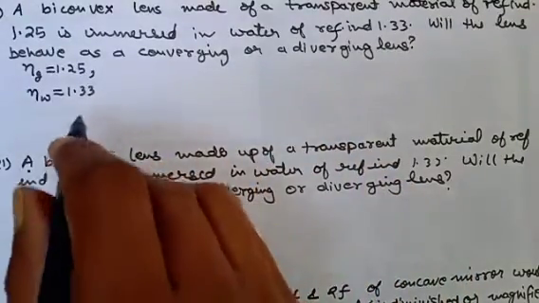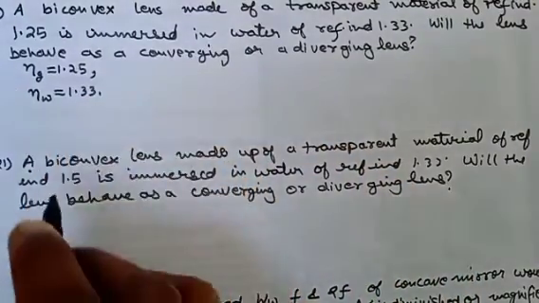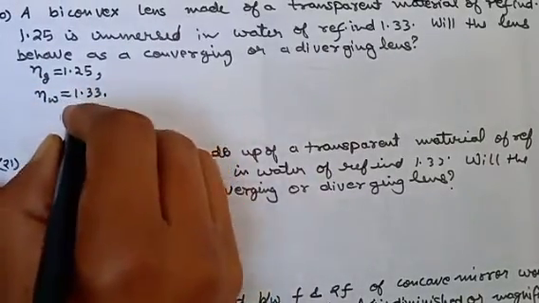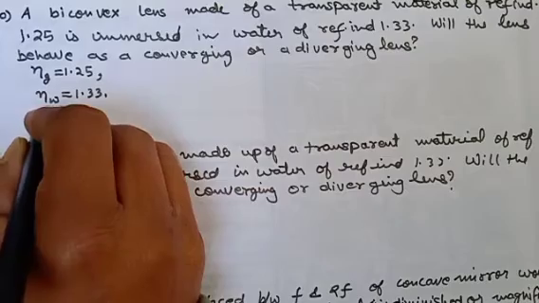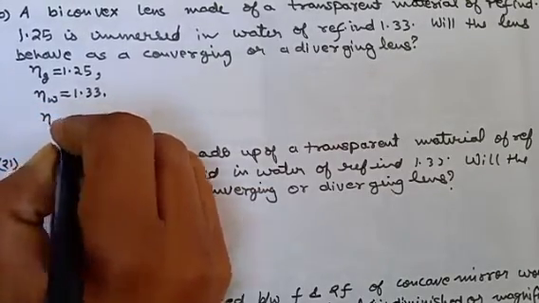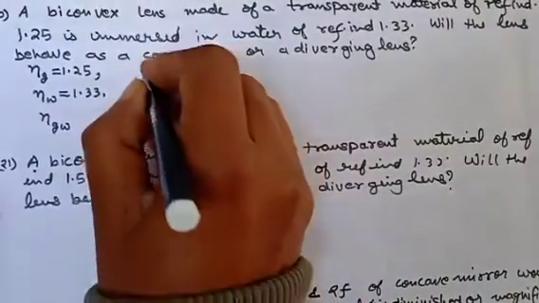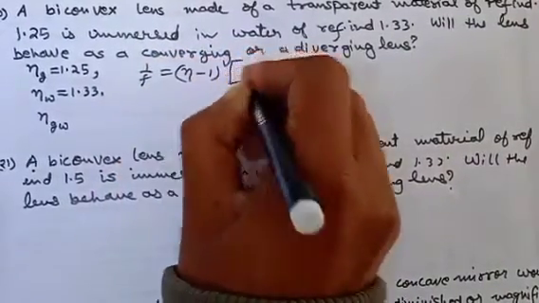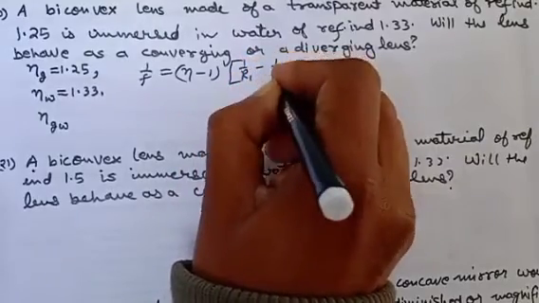In order to understand that, we have to find the refractive index of glass with respect to water. Remember the formula, 1 upon f equal to eta minus 1, 1 upon r1 minus 1 upon r2.